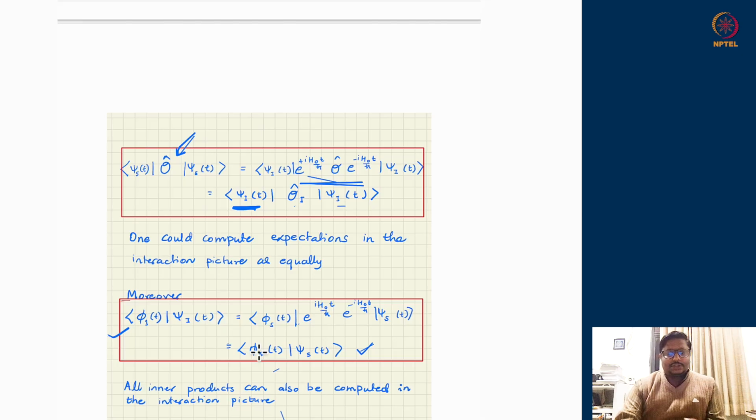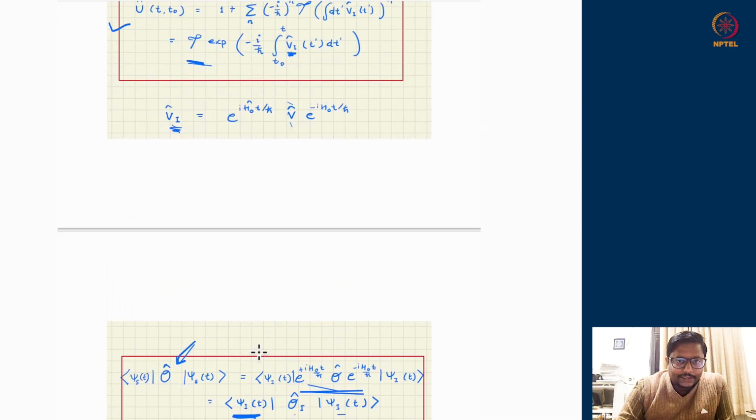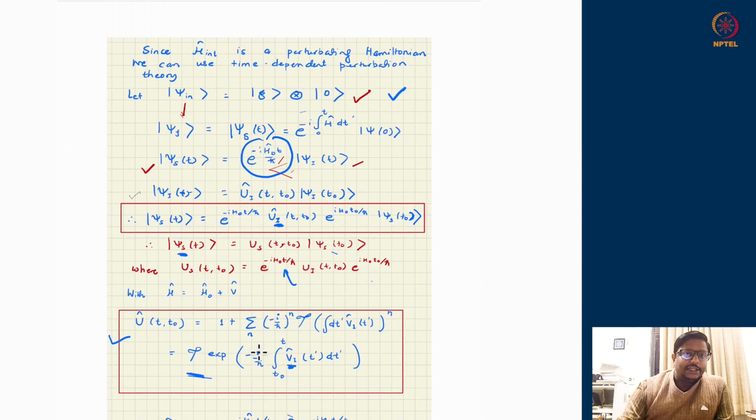So let us just see that equation once more. Any interaction picture wave function is related to the Schrodinger picture wave function, so e to the power minus i H0 t upon h bar can be brought onto the left hand side.